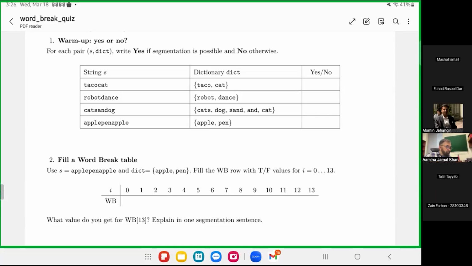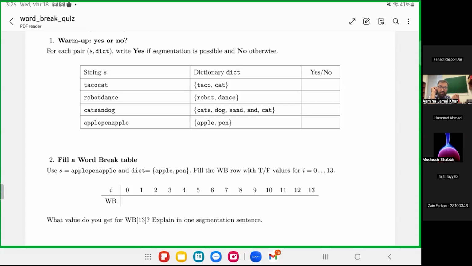Sir, I actually had a question. Sure, go ahead. So WB of 0, what does it represent? I'm a bit confused. It's kind of a base case. It says that if I have an empty string, then I can split it into strings from my dictionary. If I say that you cannot split an empty string, then I won't be able to recurse on anything, right?